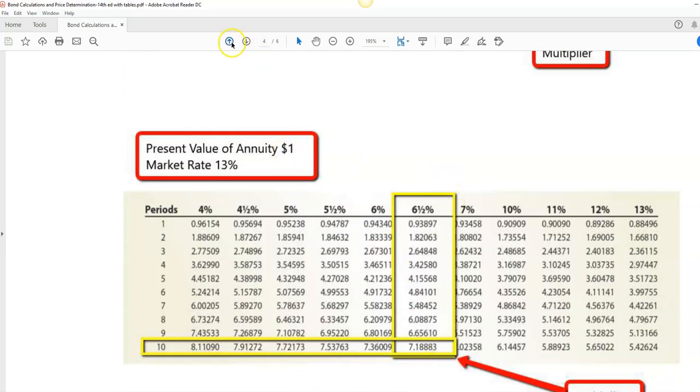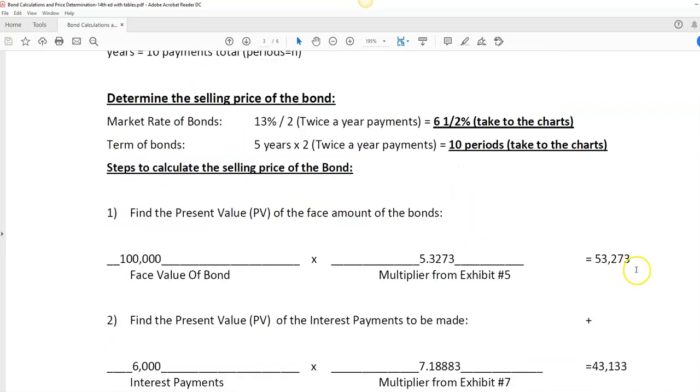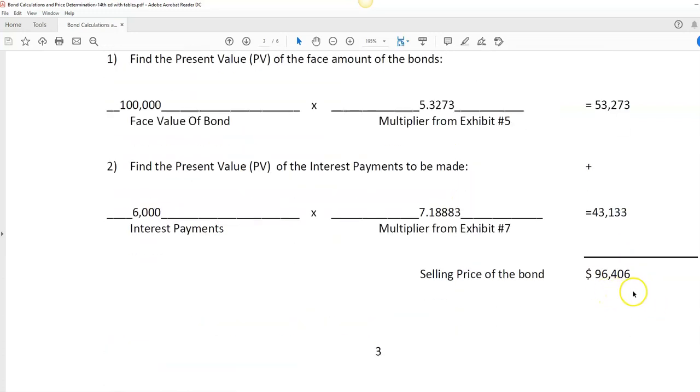And so that's how I ended up with a selling price of $96,406. I multiplied and then I add. And you always round to the nearest dollar because we don't involve cents when we're talking about bonds. So this is how to sell at a discount. And the reason I know it's discount is because market is greater than contract.